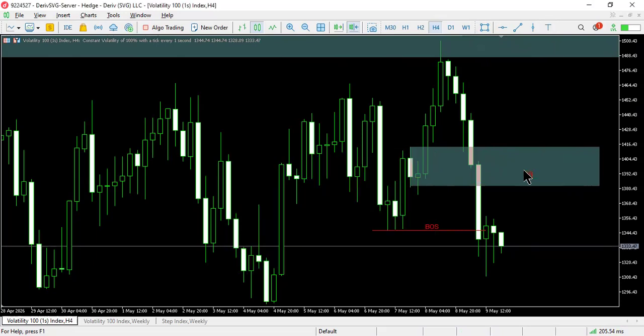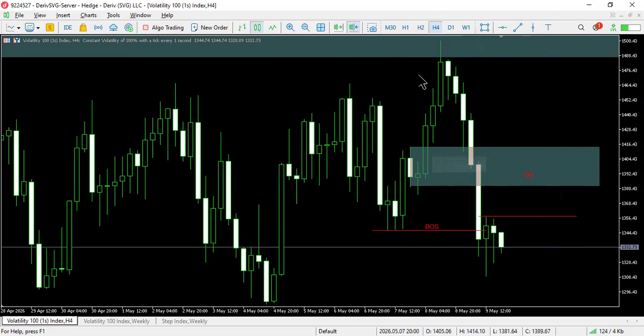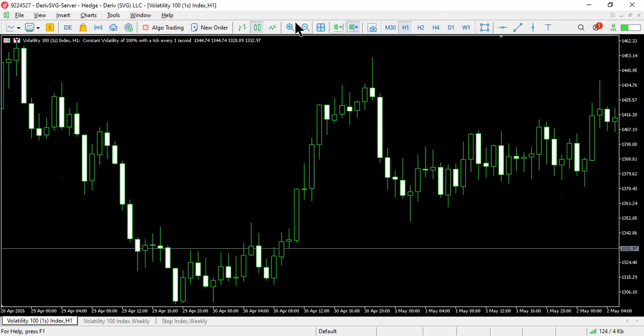So we have that order block, and then I'm seeing this level as liquidity that price has to clear to go and tap into our order block. So heading over to the 1 hour time frame.